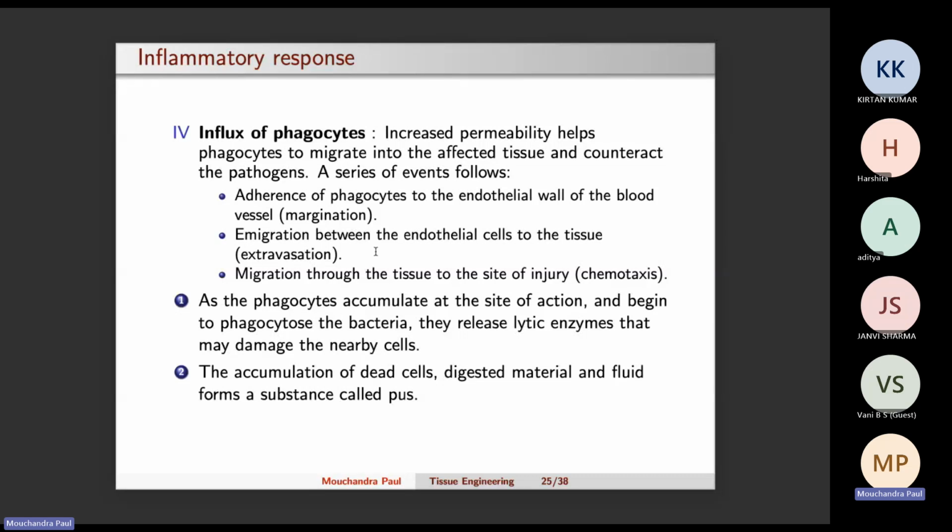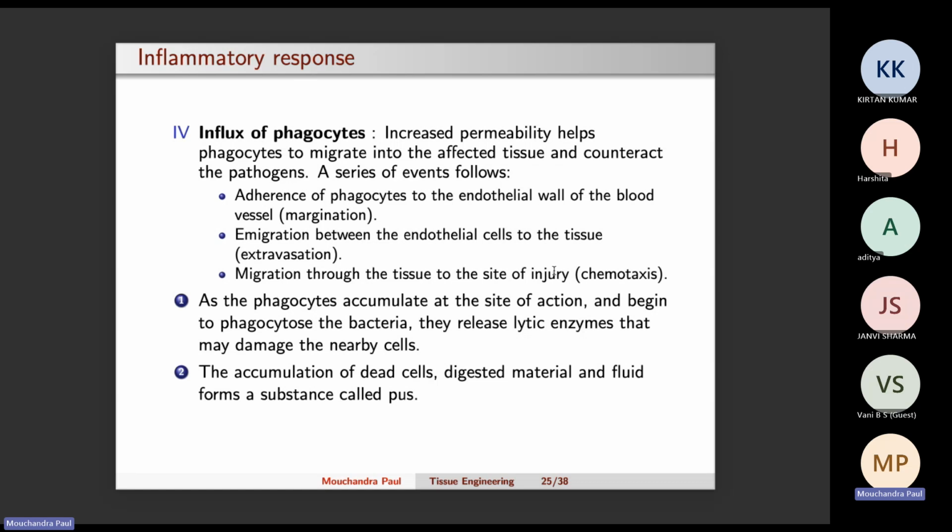It's just like you're present in a crowd and you want to go to the front, like in Durga Puja, where there are so many people in the pandal, and you have arrived very late. You see so many people in front of you and you want to go to the front, so you will push through two or three people and move forward, right? That is extravasation. That is what these phagocytes also do.